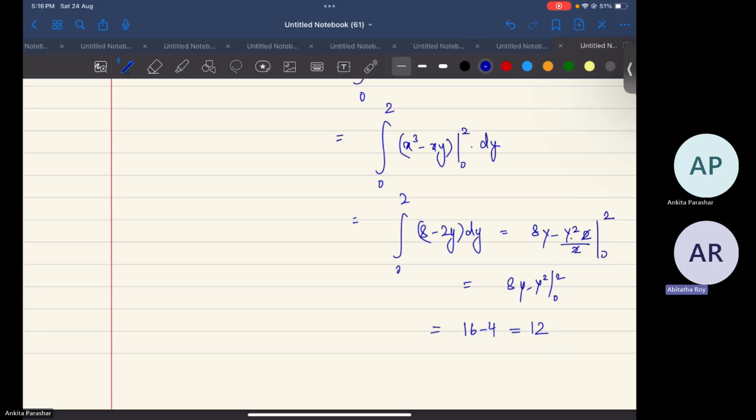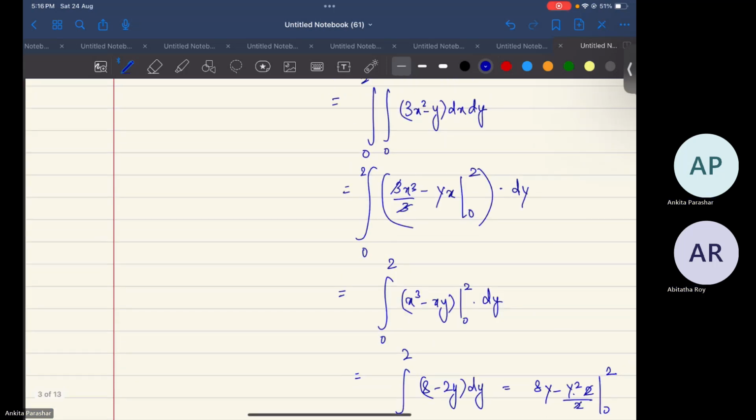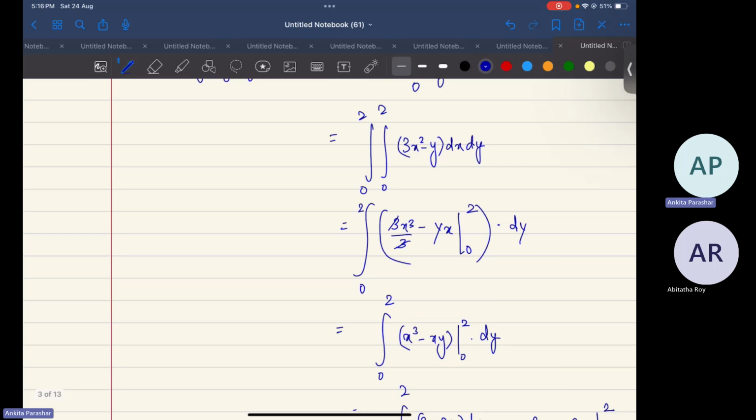Well, I did x first and I got 4 by 3 as the final answer. You did y first? Yes, with respect to y first. Okay, let's do 3x square y minus y square by 2, from 0 to 2, then dx from 0 to 2.